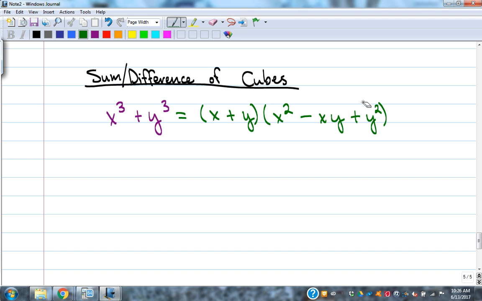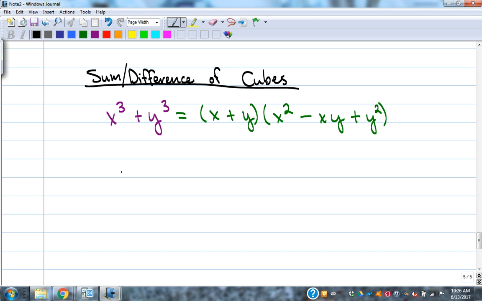The reason this is a plus sign back here is because anytime you square anything, no matter what kind of number, it always turns into a positive number. So that's always going to be a plus sign right there. The sign in the middle is the opposite on the long factor.